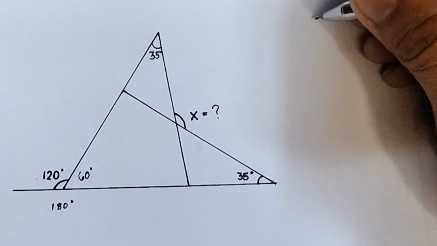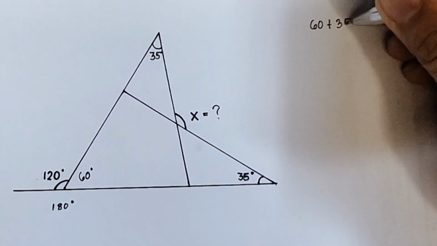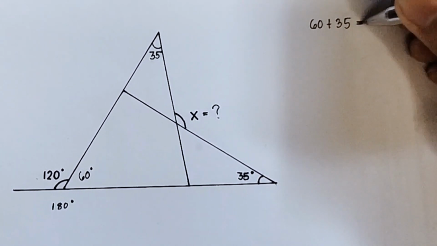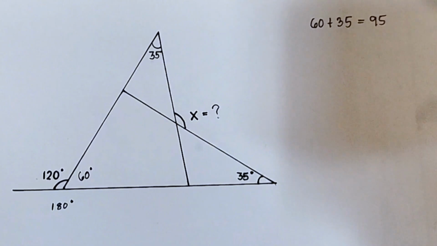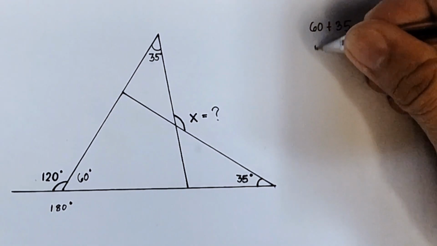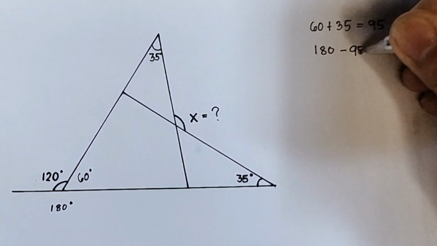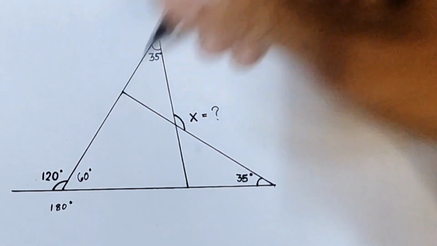Alright? So if you add 60 plus 35, that is equal to 95. Remember that the sum of the three angles in a triangle is equal to 180 degrees. So we're gonna subtract 180 minus 95 to get the measurement of this angle.